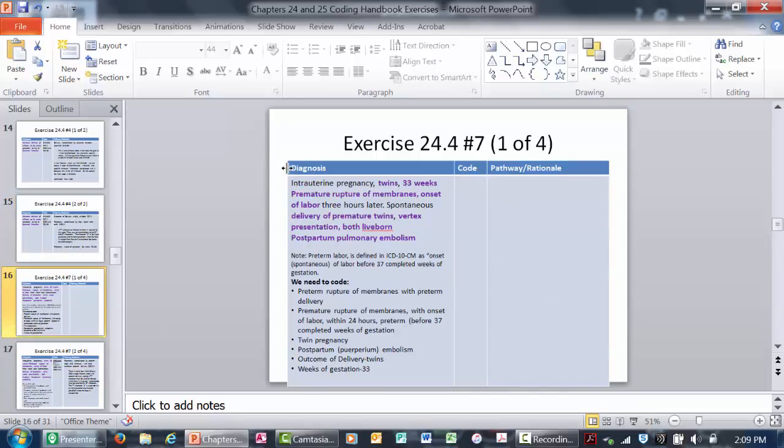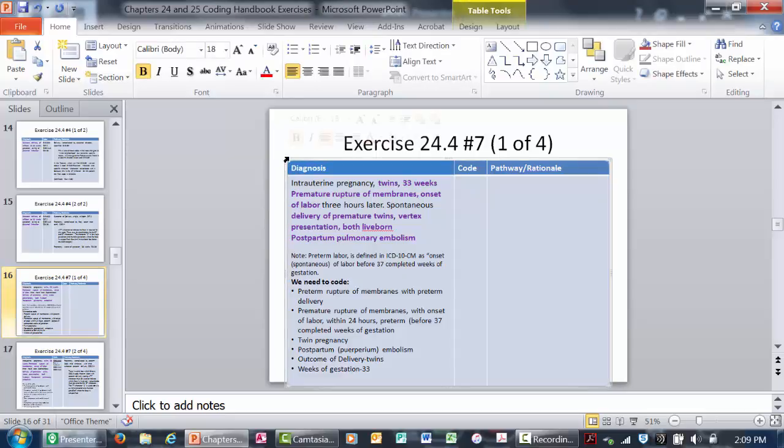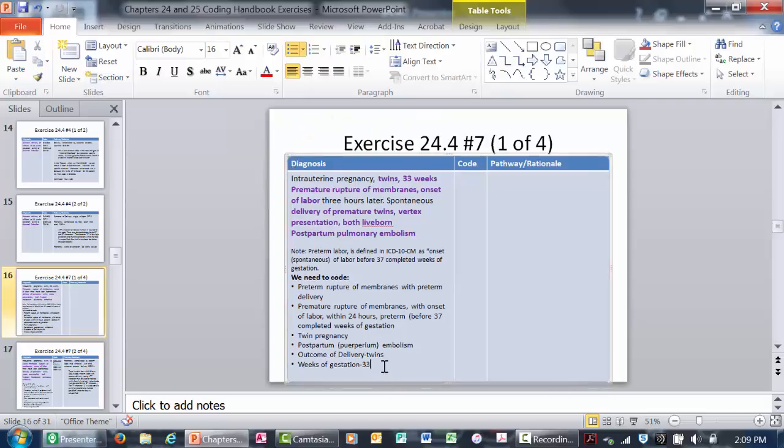Okay, let's look at one that's a little bit more difficult. An intrauterine pregnancy, twins, 33 weeks, premature rupture of the membranes with onset of labor 3 hours later, spontaneous delivery of premature twins, vertex presentation, both live-born, postpartum pulmonary embolism.